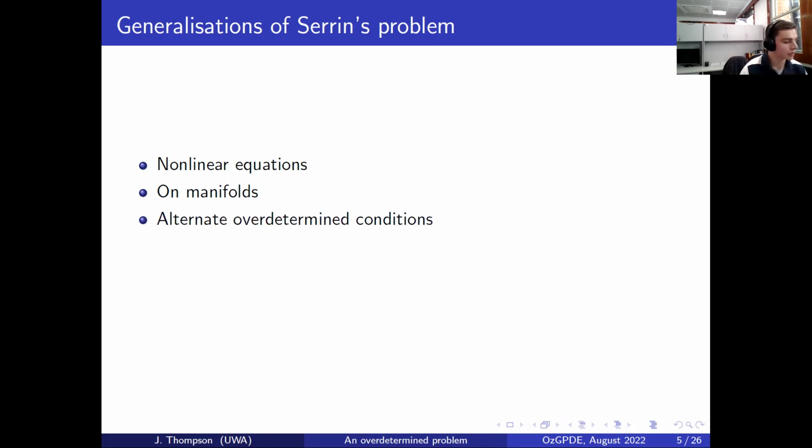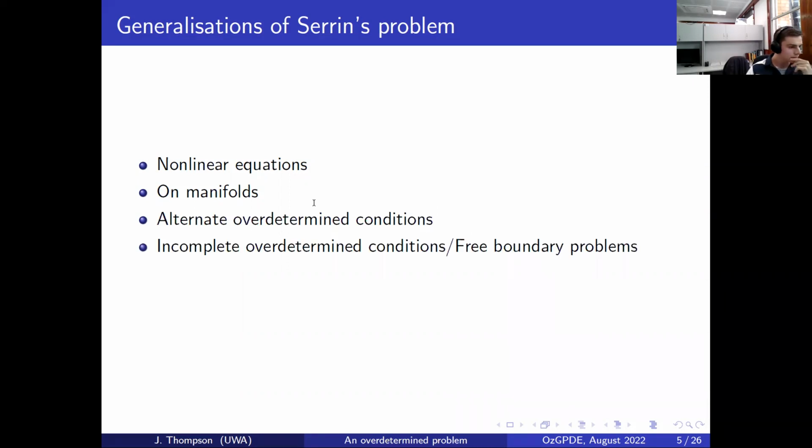Another thing we can do is change up the overdetermined conditions. The overdetermined condition before was the constant Neumann derivative. We could change this and see how that affects the problem. Another generalization is to maybe not impose the overdetermined condition on all of the boundary, but only on a portion.